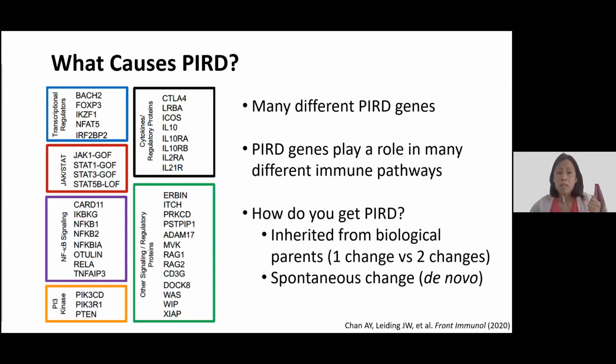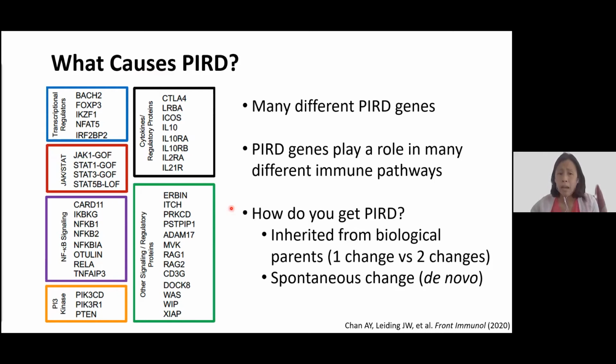So what causes PIRD? Well, from our survey, we actually found there are a whole slew of genes that could cause a clinical phenotype of PIRD. We found all of these genes shown here. And when we looked at the different types of genes that were associated with this PIRD phenotype, we found that these genes actually played a role in many different types of immune pathways that regulate the immune system. And so that's why they can develop features of overactive and sometimes features of an underactive immune system problem.